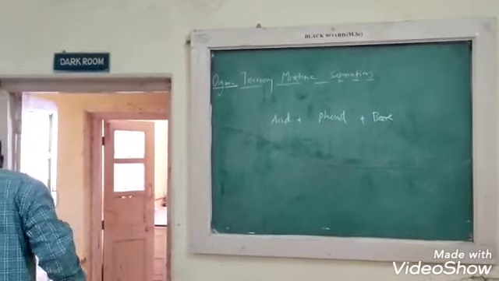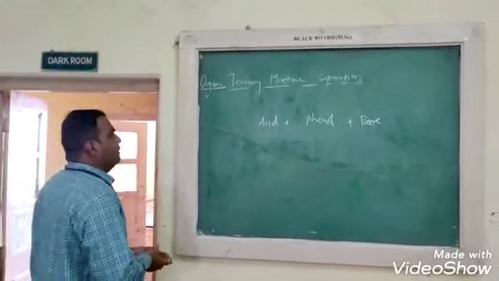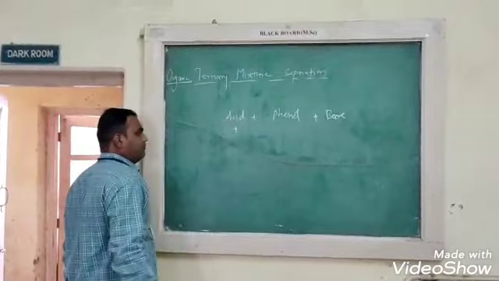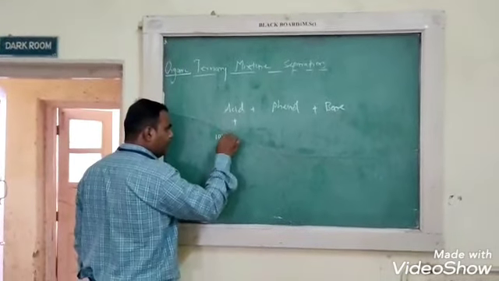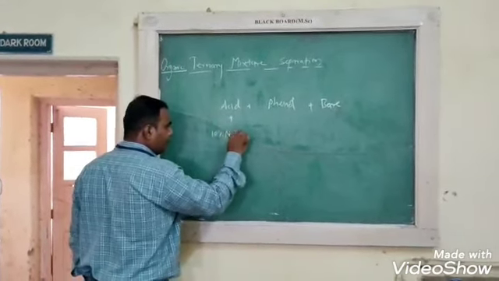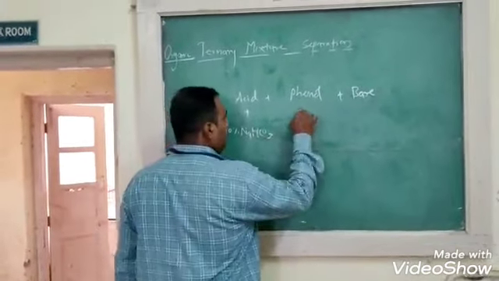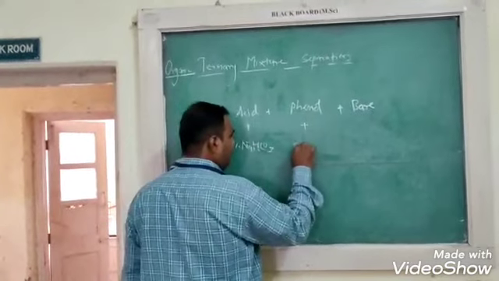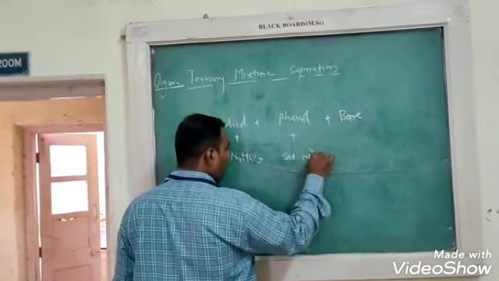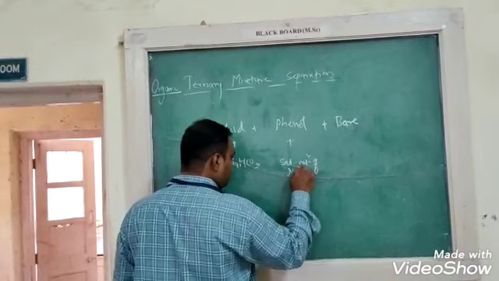Acid dissolves in 10% NaOH and phenol dissolves in the saturated solution of NaOH.